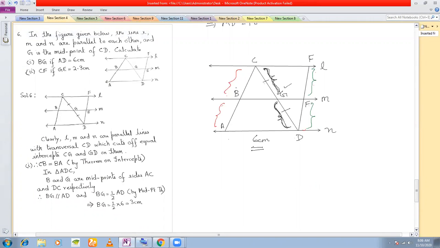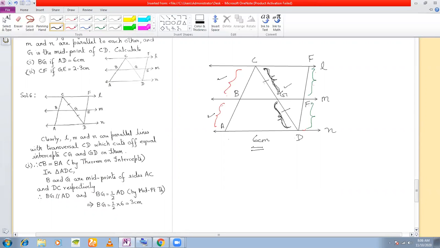Now you see that since these two are equal, I can say B is the midpoint of AC. Also, I can say G is the midpoint of CD. It is given. Now, having applied the theorem on intercepts, I will apply the midpoint theorem. See that in triangle CAD, let me first write this.